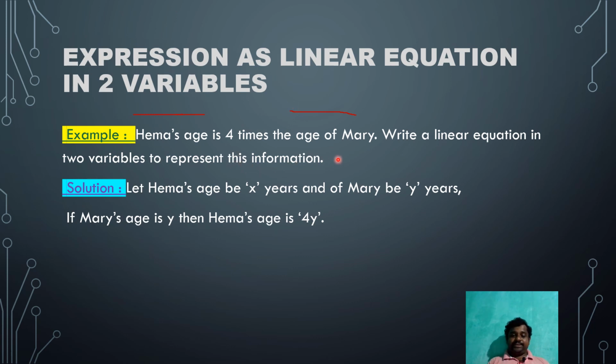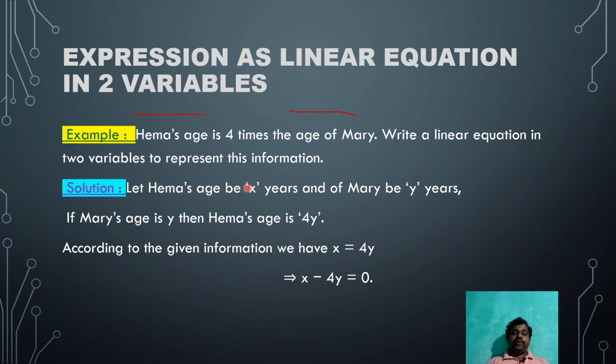For example, if Mary's age is 10, Hama's age is 4 times 10, which is 40. If Mary's age is 5, Hama's age is 4 fives, which is 20. So, if Mary's age is Y, then Hama's age is 4Y.